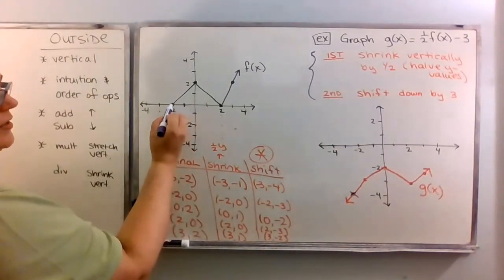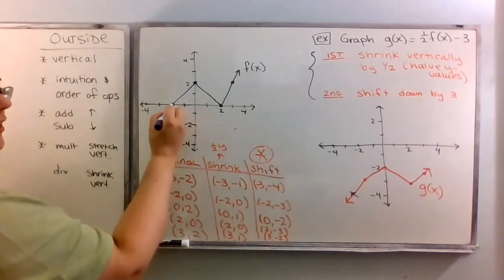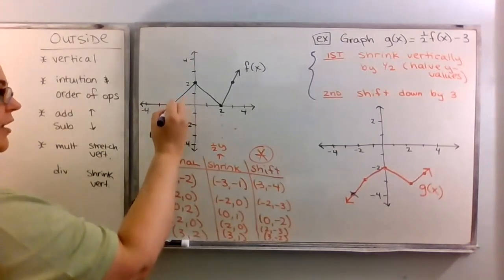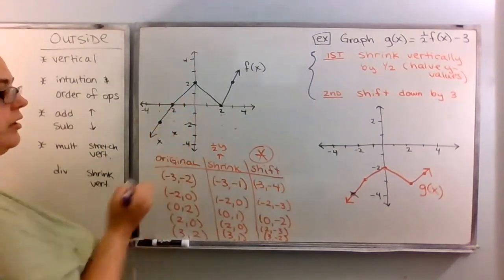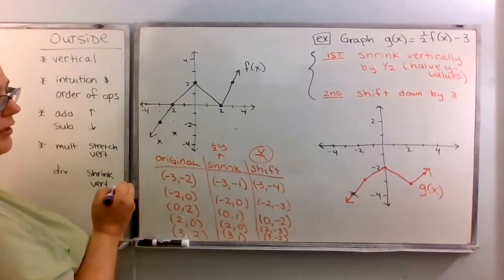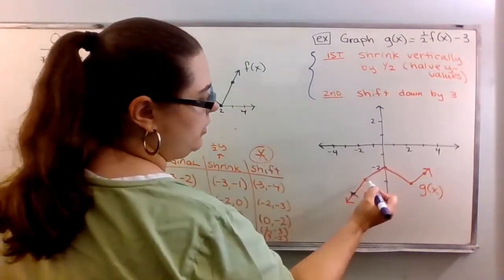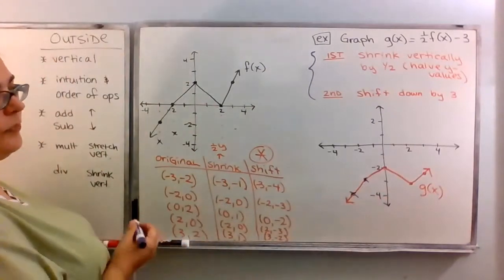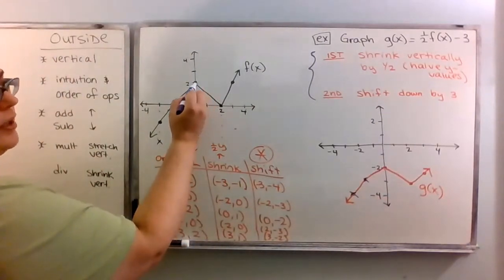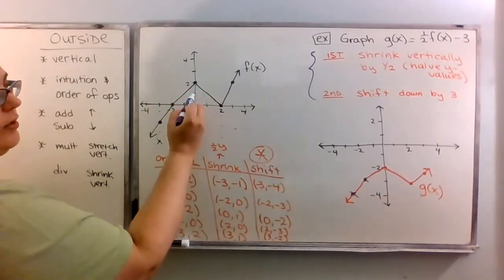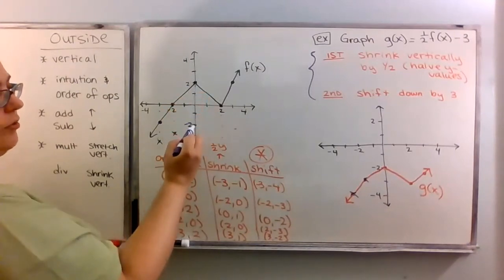Then I'm at -2, 0. I cut 0 in half to get 0, and then I move down 1, 2, 3. So now I'm at -2, -3. That point there. At this point, I cut the 2 in half because that's the y value. So half of 2 is 1. And then we go down 3: 1, 2, 3.